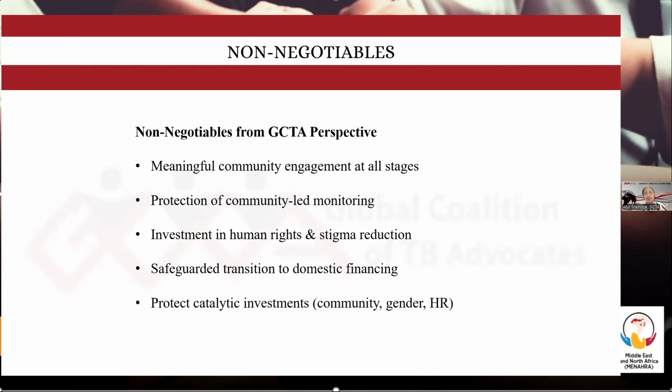Because till now, these policies, programs, and guidelines are mostly written somewhere else, and communities are expected to implement them. For this to change, communities need to be well capacitated to identify gaps, engage critically, and hold the systems accountable. And importantly, to push for what truly benefits the community, not just what aligns with the donor's priority or technical agendas. The response has to be shaped by the people most affected by TB.